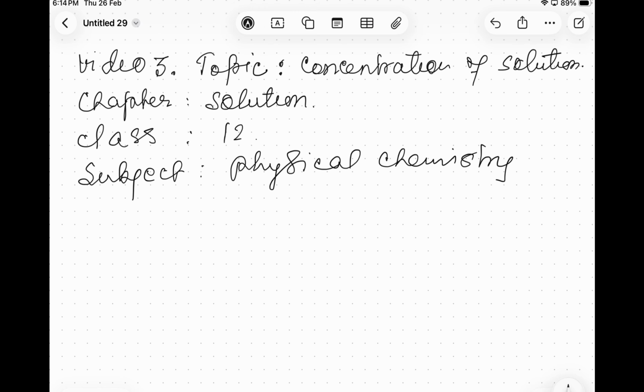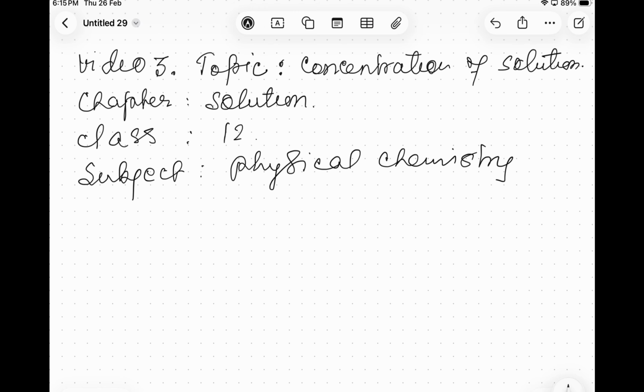Because every question in colligative properties, vapor pressure, osmosis, Raoult's law, freezing point depression, elevation of boiling point, all of them depend on one thing: how much solution is present, how much solute is present in the solution. And for that, we must master molarity, molality, mole fraction, and interconversion of concentration terms.